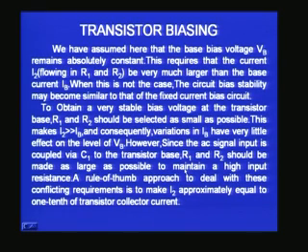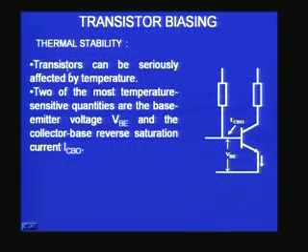What we mean by the stability? Stability is with reference to thermal stability. So let us briefly look at the thermal stability. Now you know transistors are made of semiconductors, and semiconductors are very susceptible to temperature variations.